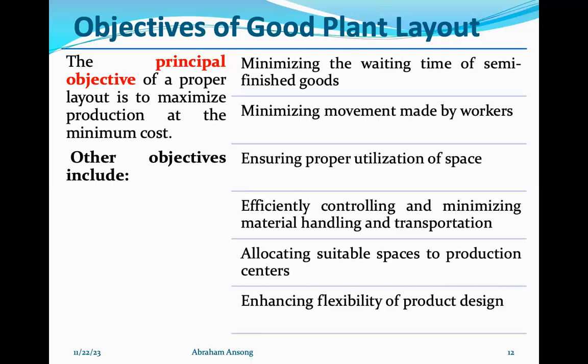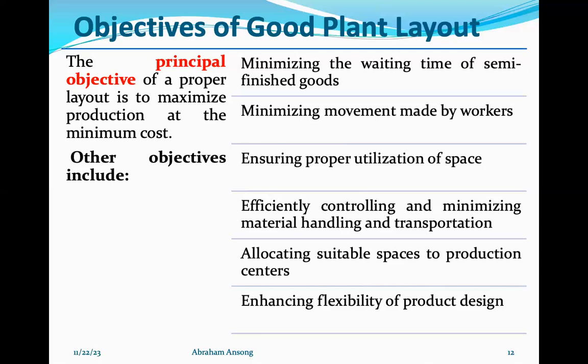Okay, but if the layout is not properly done, it will take a lot of time for work in progress of semi-finished products to move from one stage to the other. All right, and that could increase the costs of operations for the organization.